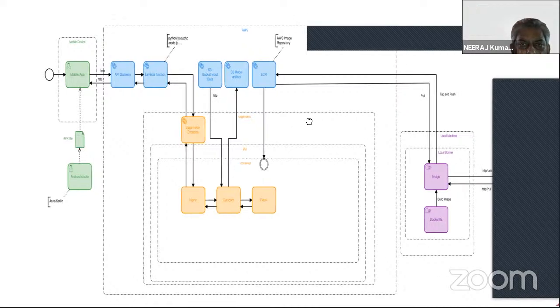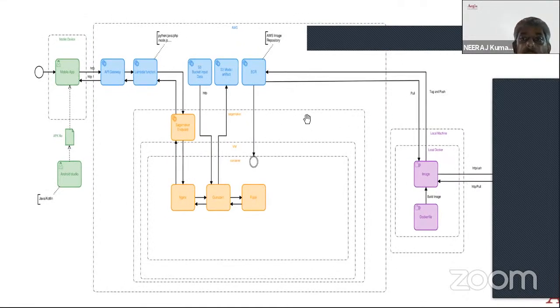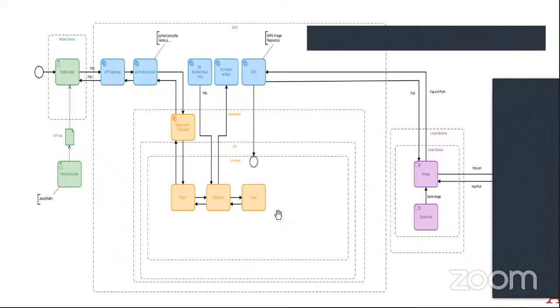So now you can see this is the high level architecture of what we have done in the last 45 minutes. The innermost box contains your Flask application, which consists of Nginx, Gunicorn, and your Flask application, which is your predictor.py.